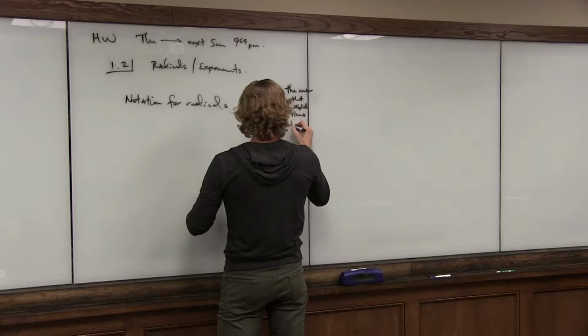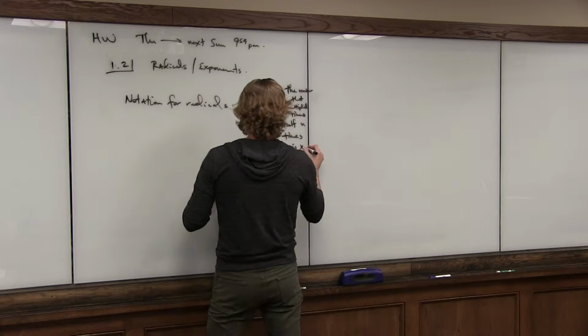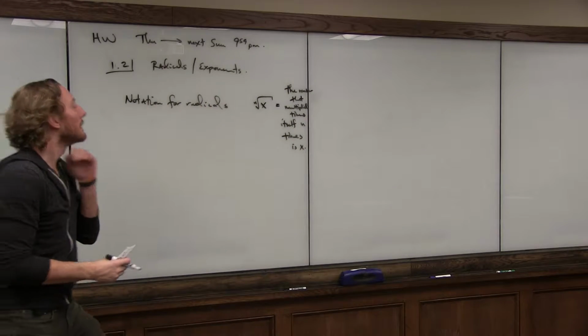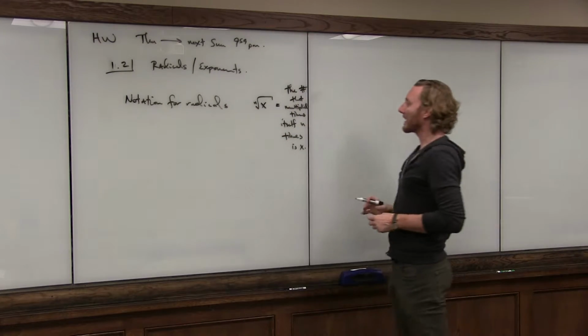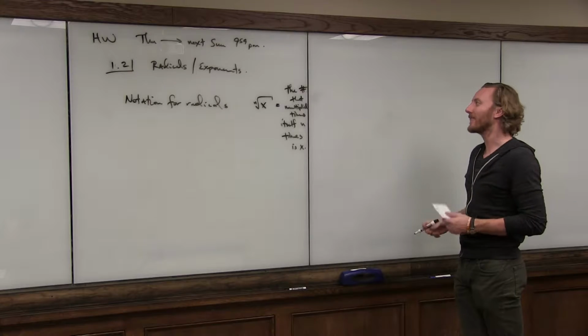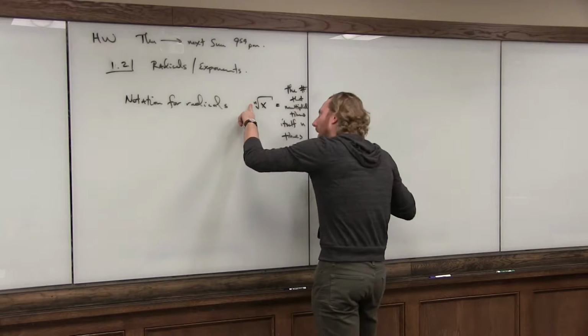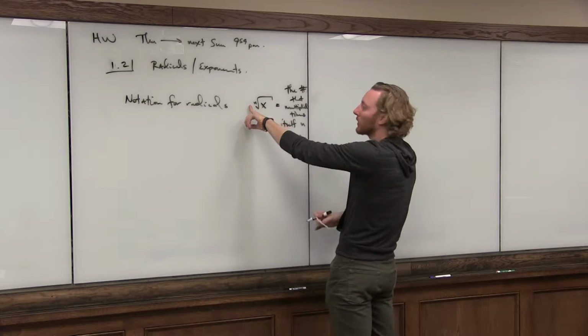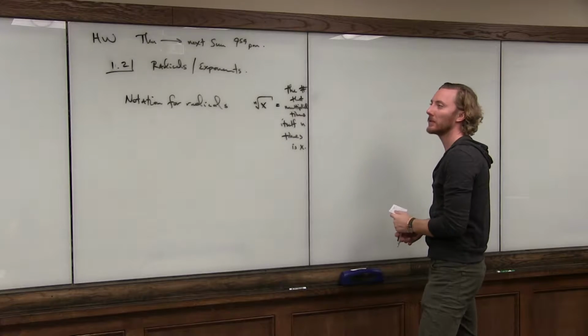This is the number that multiplied times itself n times is x. So the little n tells you how many times the number you're looking for has to be multiplied by itself. The x tells you what number you have to multiply to.